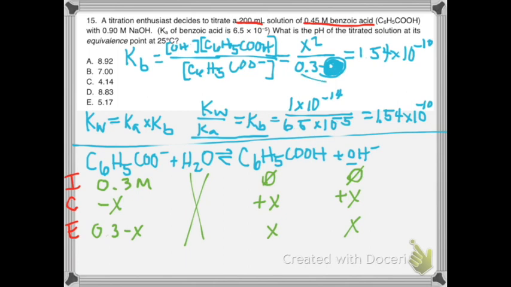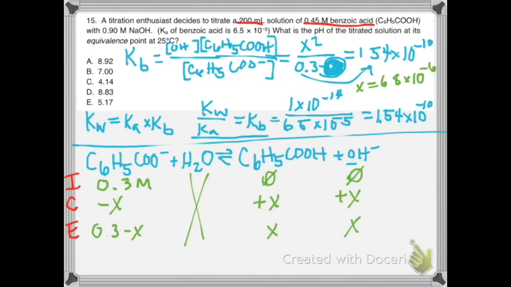So then we would just multiply this over, take the square root, and we would get that x is equal to 6.8 times 10 to the minus 6.